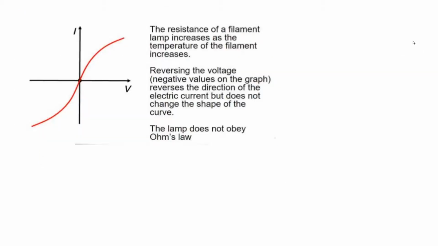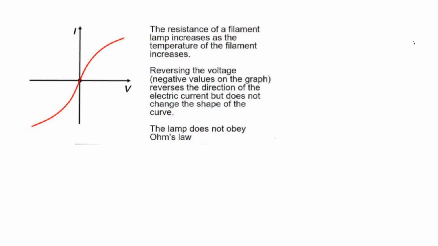So the resistance of a filament lamp increases as the temperature of the filament increases. So the resistance does depend on temperature. Reversing the voltage, negative values on the graph, reverses the direction of the electric current but does not change the shape of the curve. Because a filament lamp is just a metal, you can swap the ends of the metal, or you can swap the polarity of the battery.